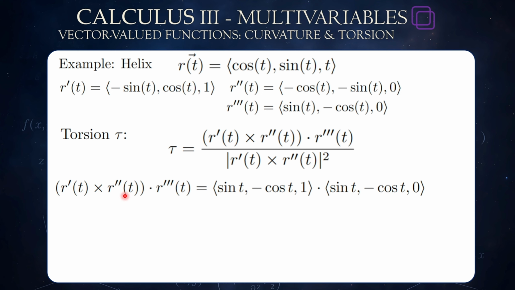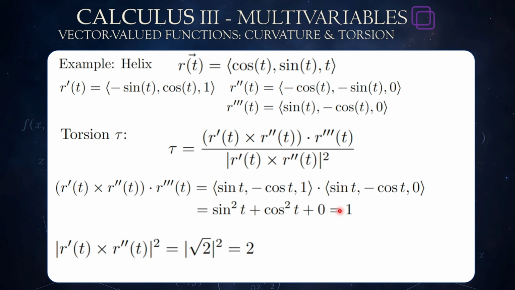Here we're not getting the length of this vector. We want this vector as it is in order to multiply it in a dot product with r third t. So dot sine t, minus cosine t, 0, equals sine squared t plus cosine squared t plus 0, equal to 1.